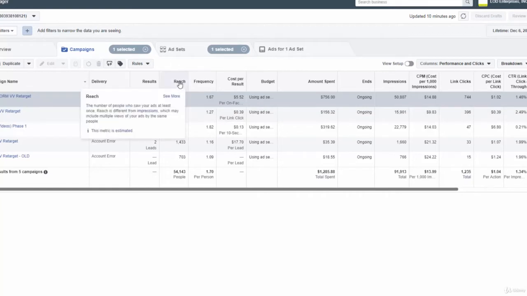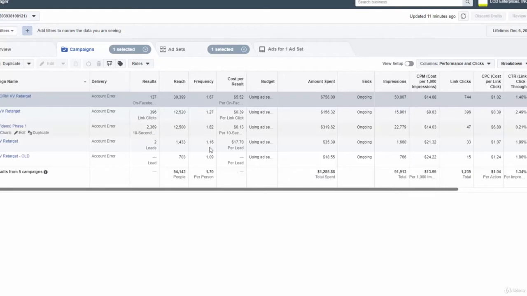And so here in the reach section, we can see that this is the number of people that saw our ad at least one time, okay? And then the frequency here, this is how many times a person sees the ad, the average number of times. Now, this is something that you want to pay very close attention to because that could cause audience fatigue and really annoy the audience, okay? So make sure that they're not seeing it too much.